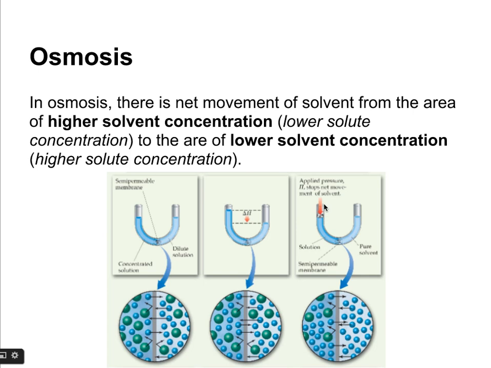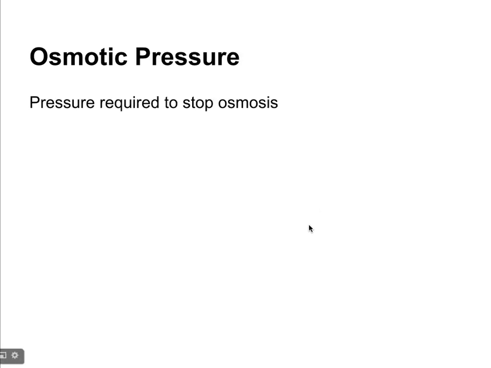Now, there is a certain pressure we can apply to the left side of that tube to stop that osmosis. That's called the osmotic pressure. Osmotic pressure is the pressure that's required to stop osmosis, and we can calculate it with this equation. Osmotic pressure is abbreviated pi because why not? And that's equal to MRT.